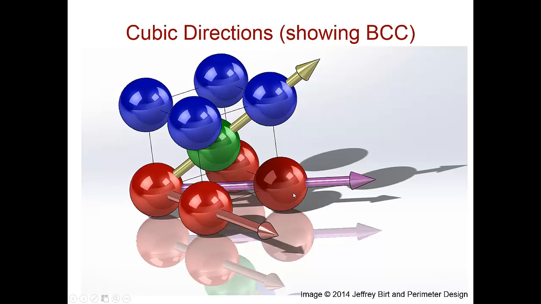Here I have a model that I made up of a BCC cell. Now, the spheres aren't exactly touching. I've made them a little bit smaller. But you can see right here, let's assume that this is our 0, 0, 0. It's our origin. And this is coming straight out this direction. So this atom here is along the x-axis.